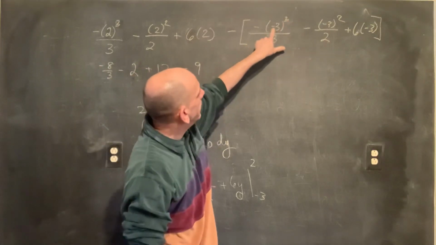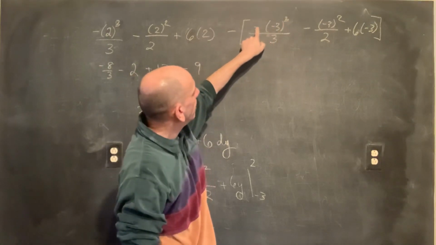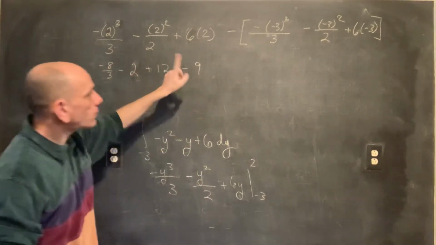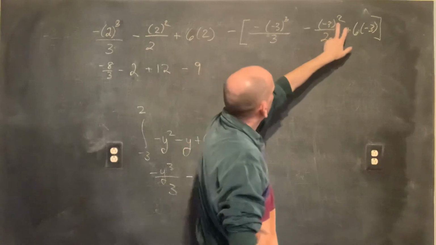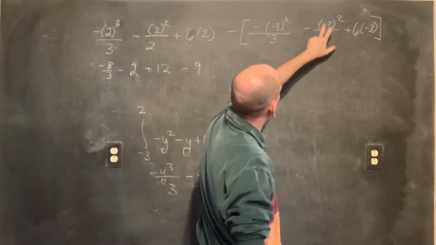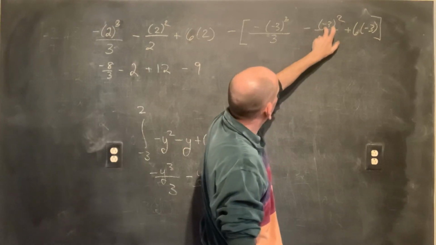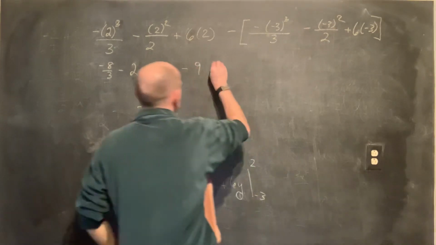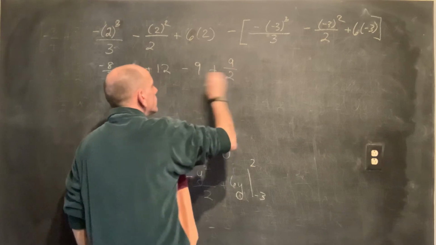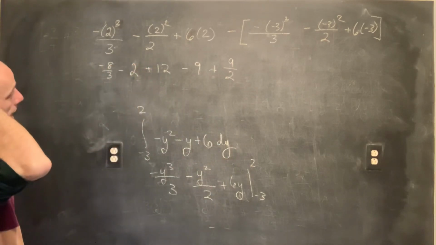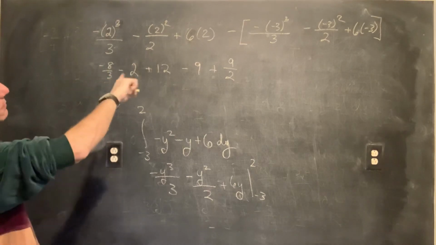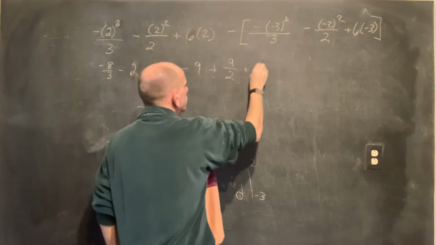Cubic makes that negative, but the negative is positive, and then negative out here makes it negative again. Okay, here we have 3 squared, that's 9. It's positive since it's a square. So 9 over 2, that's a negative, which is a positive. 9 over 2. And then negative 18, but it's minus, so plus 18.